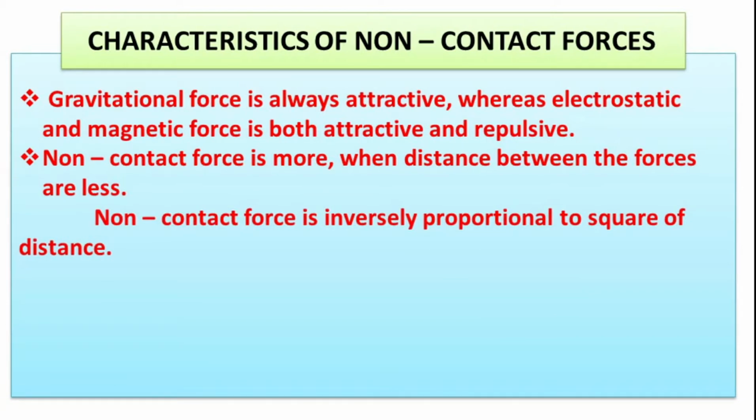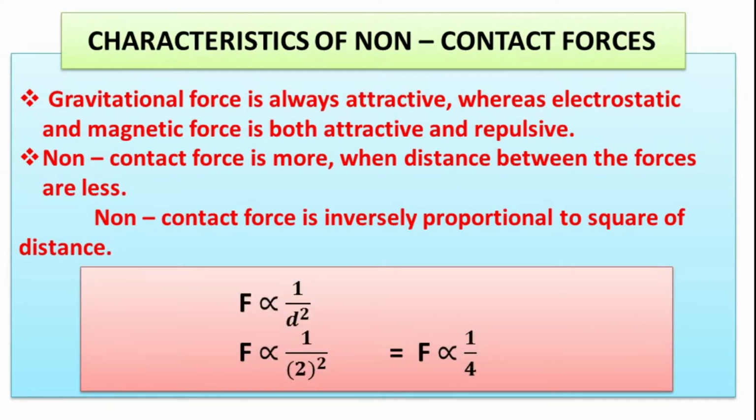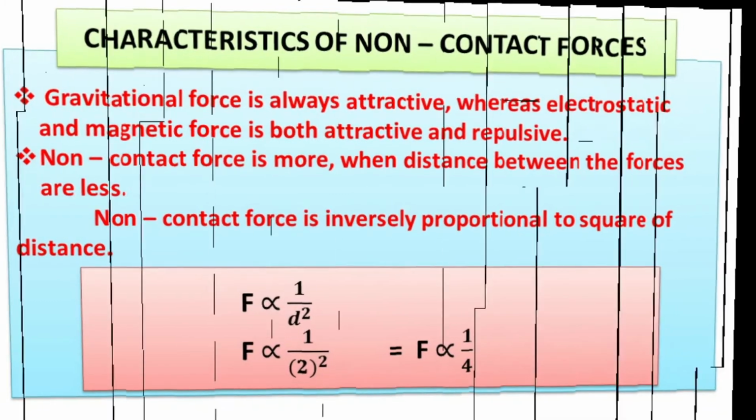On doubling the distance, force becomes 1/4. That means force is proportional to 1 by d square. That means F is proportional to 1 by 2 square because we have doubled the distance. Therefore, we get F is proportional to 1 by 4. Force became 1/4. So that is the end of today's class.